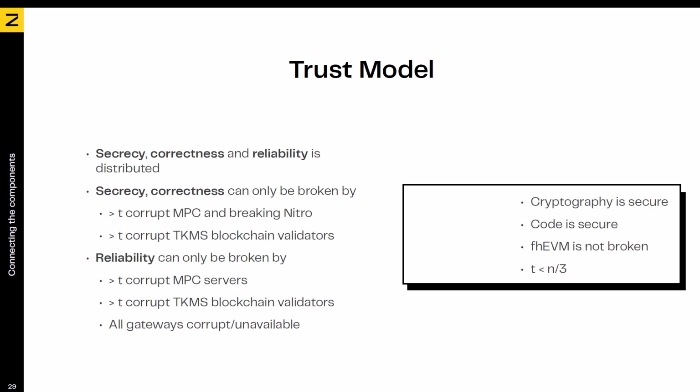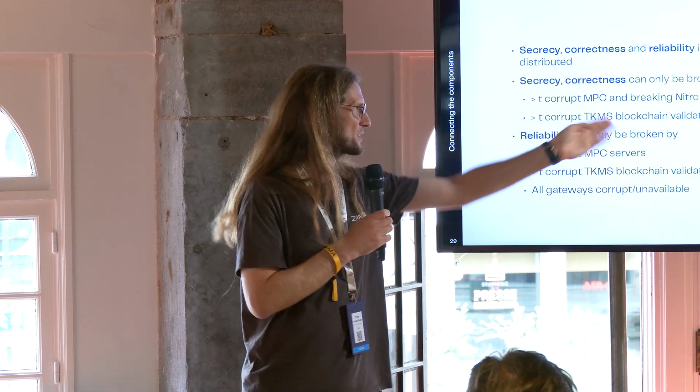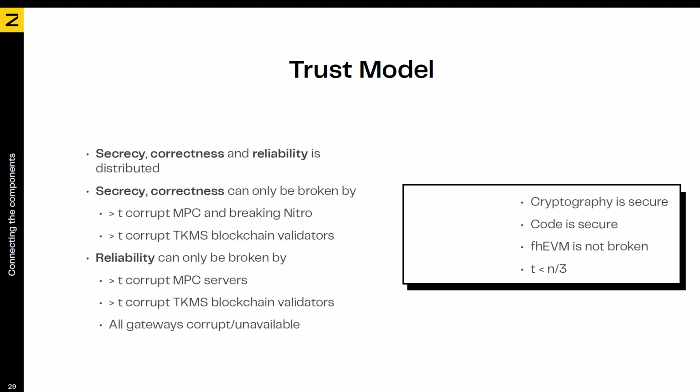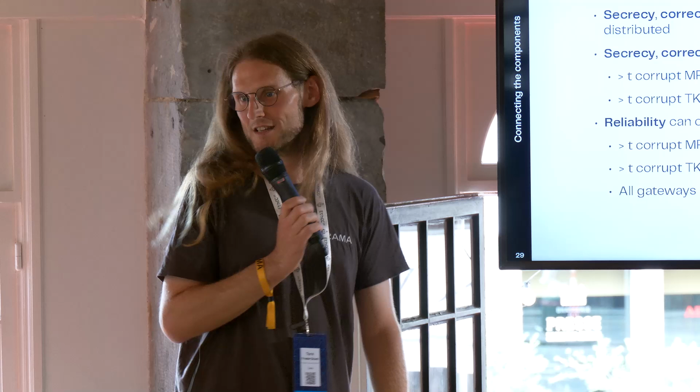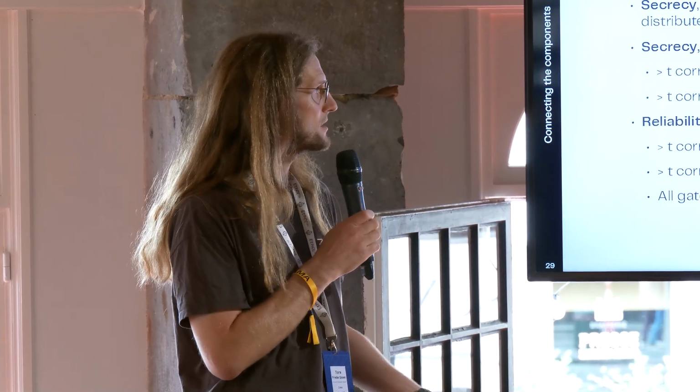Reliability, the same, although reliability, of course, also fails if all gateways refuse to work. Of course, these are based on the clear assumptions that there's no mistake in the cryptography, the code, or the EVM, and that the threshold assumption is being kept. So these are the reasonable best constraints we can hope for in this situation.